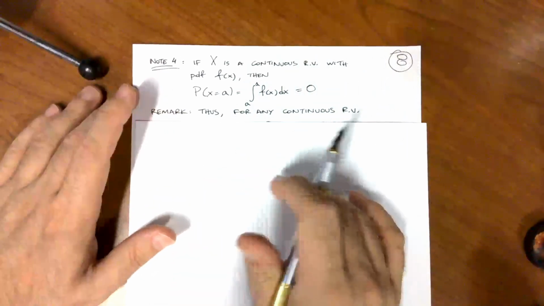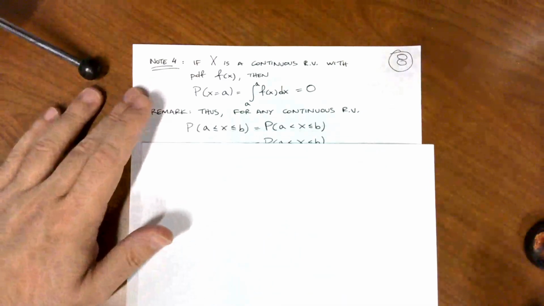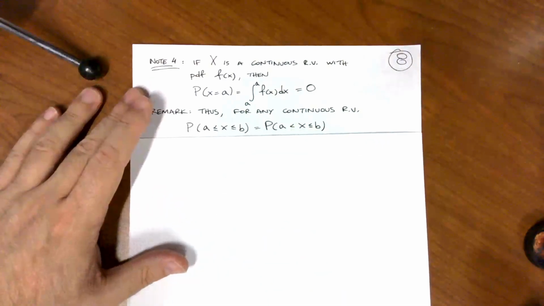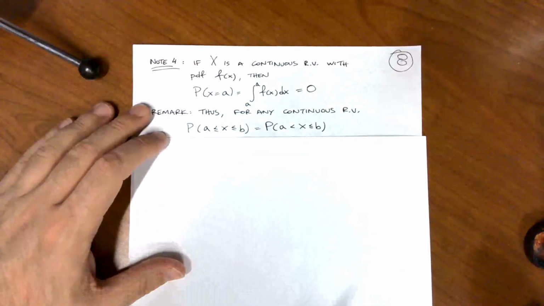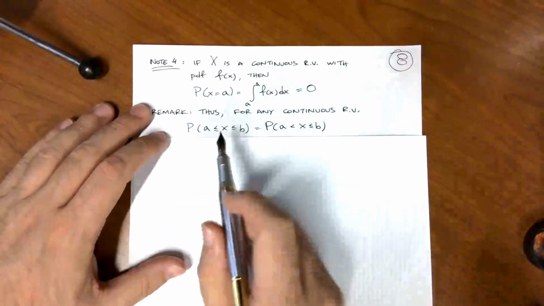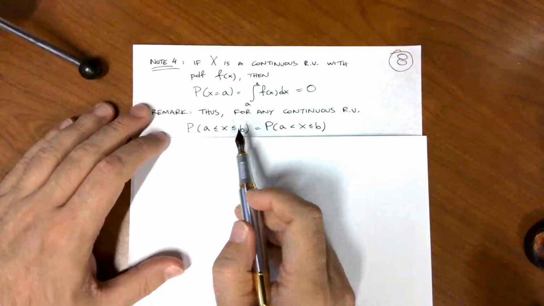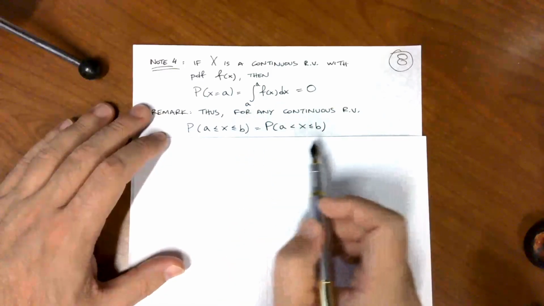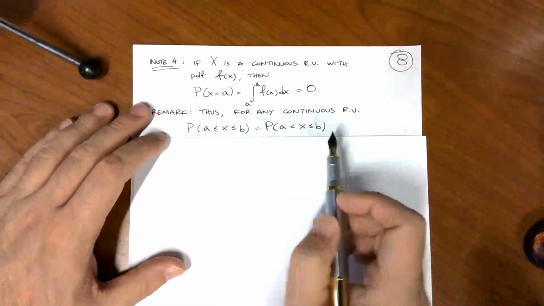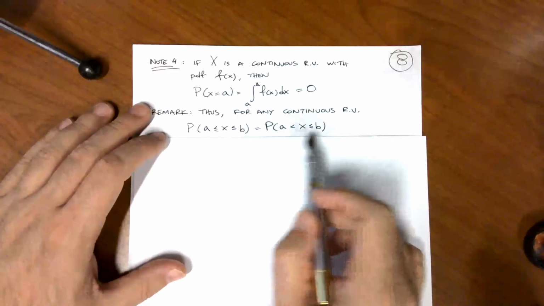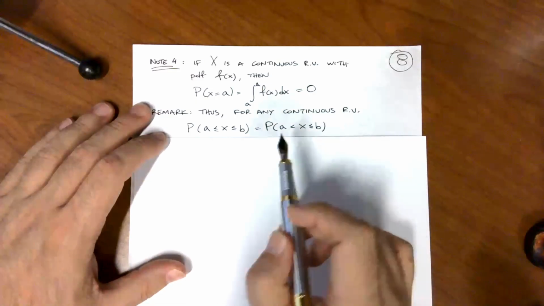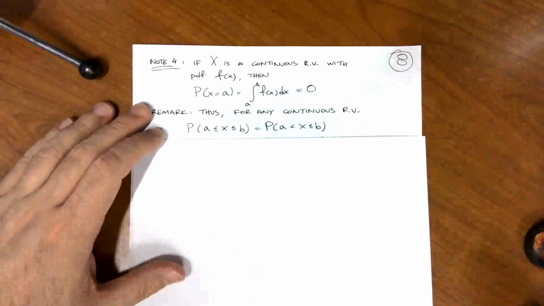So for any continuous random variable, you can expect the following equivalencies. Essentially, when you have a strict inequality or an equal sign, it doesn't really matter. The boundaries are not going to play a role in terms of adding or subtracting probability.